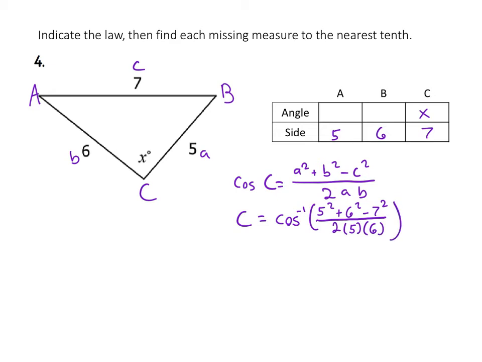And placing this into my calculator, I get 78.46. So C is approximately 78.5. That's good. It looks like it's about 78.5 for the angle. All right, don't forget the degrees. Well, I guess C is 78.5 degrees, but X is really just 78.5.